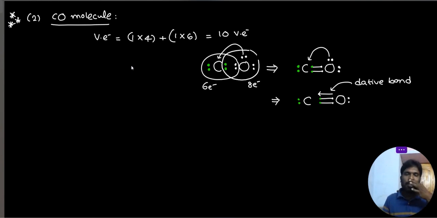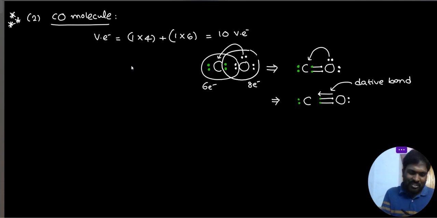Sometimes we can expect one question: in the carbon monoxide molecule, how many dative bonds exist? One dative bond, one coordinate covalent bond. Very, very important. Otherwise, we can expect a question: in which of the following molecules does a dative bond exist? If carbon monoxide is one of the options, yes, carbon monoxide is the right answer.